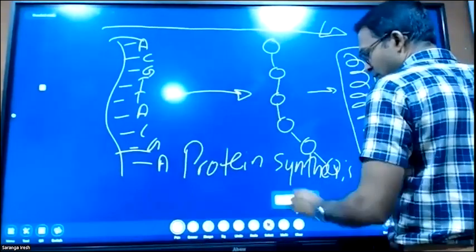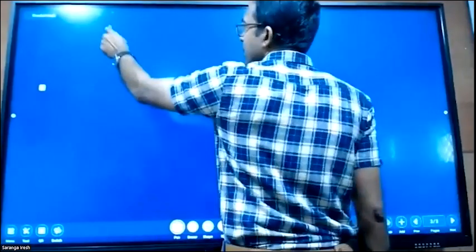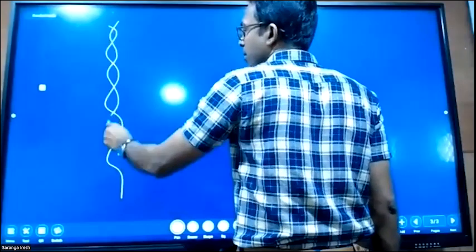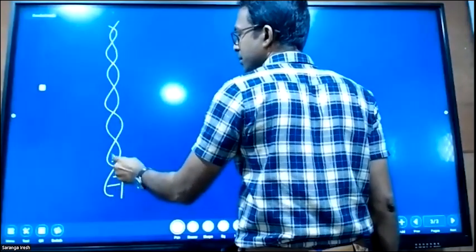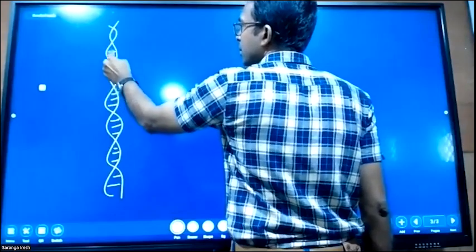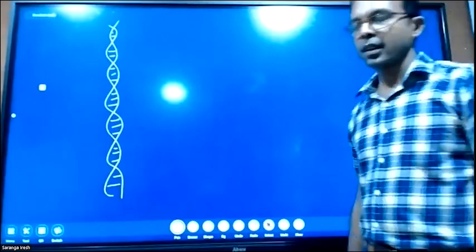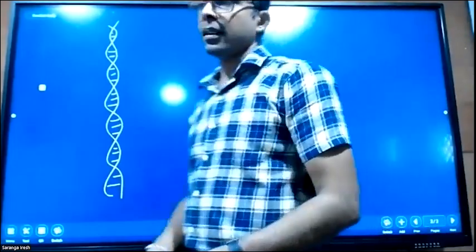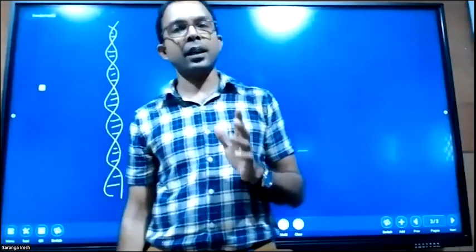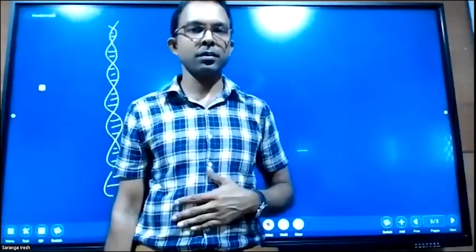Now, what is this protein synthesis process? First, we need to take the DNA molecule. Think that one of the genes in the DNA is now going to synthesize the protein.